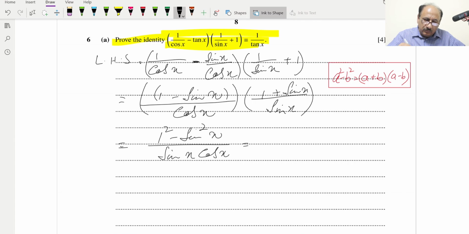Now 1 minus sine square x will be equal to cos square x, and this will be divided by sine x and cos x.